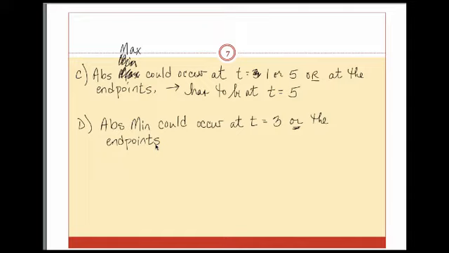If you were to stop at a t-value of 5.5, where it looks like this ends, you're not going to be taking enough away to get as negative as you were at t equals 3. So it's going to have to be at t equals 3 that the absolute minimum occurs.